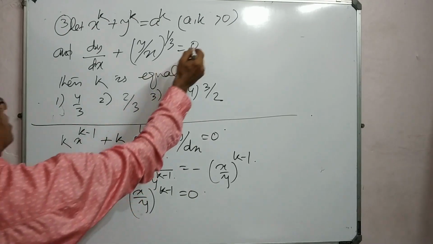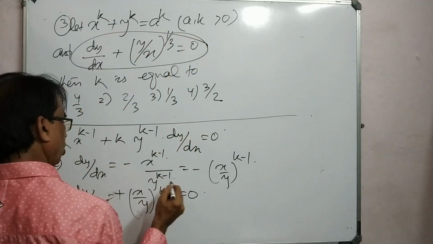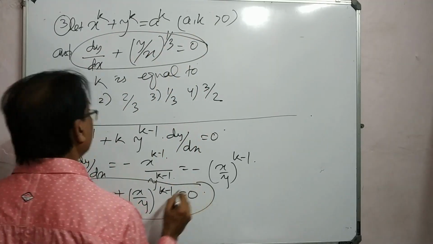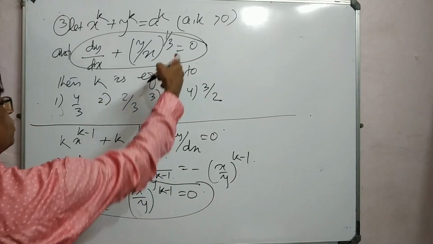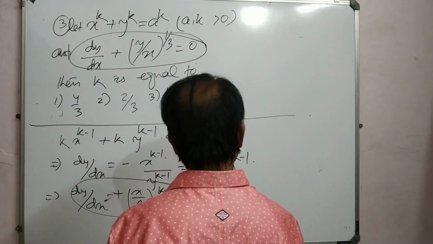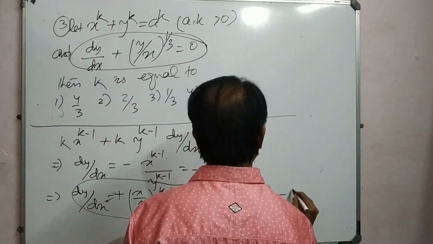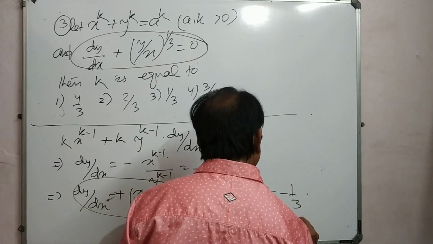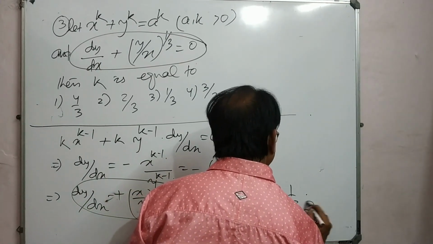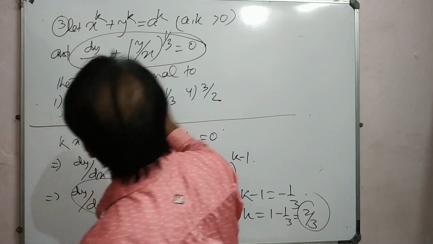Now if you compare these two expressions, what you will find is y by x and x by y. So comparing these two, what we are getting here is x to the power k minus 1 is equal to minus 1 by 3, and k is equal to 1 minus 1 by 3, that is equal to 2 by 3. 2 by 3 is your answer.